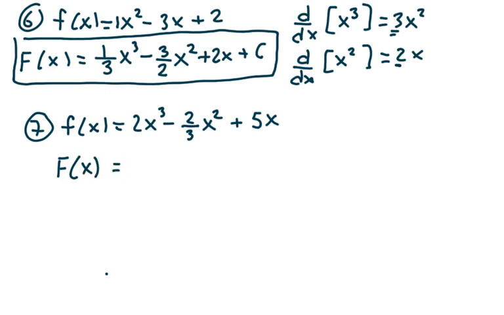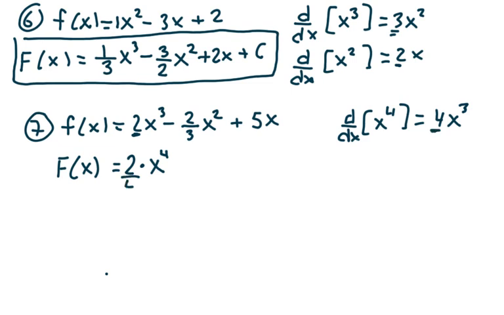So if I want capital F of x, the 2 goes along for the ride, and I'm going to multiply by x to the 4th. But let's come over here. The derivative of x to the 4th is 4x cubed. I don't want the 4 there, so to counterbalance, I'm going to divide this term by 4.